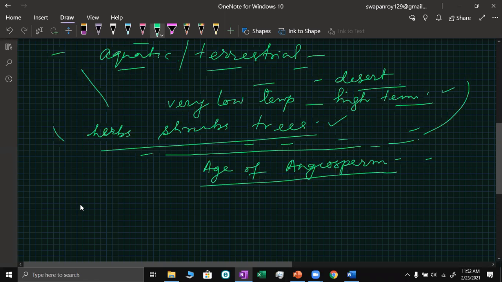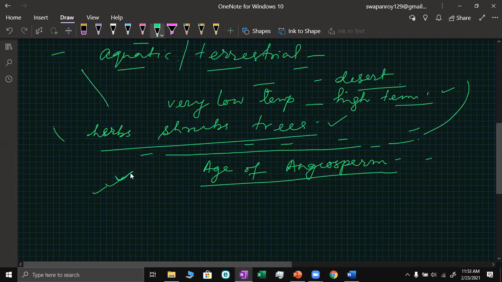After that came the age of gymnosperm, when gymnosperm species were more dominant on this earth, and gradually, as gymnosperms are slow growing and do not change themselves that much, they are gradually shrinking their distribution.